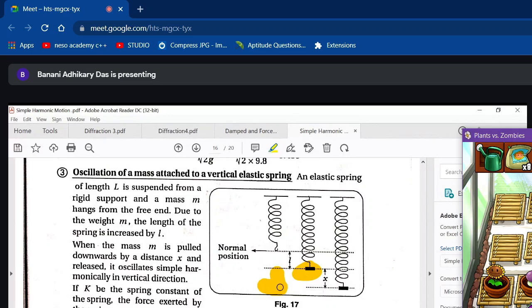And this position B, this second position, is the equilibrium state.